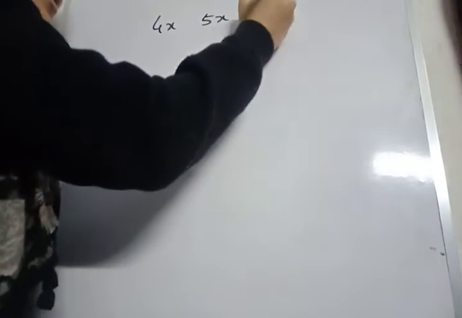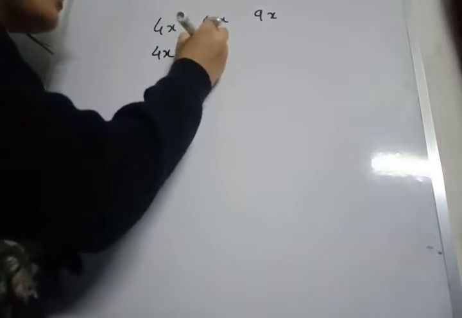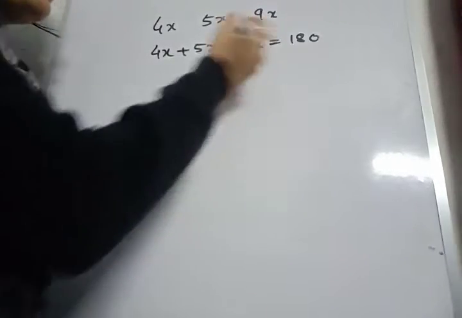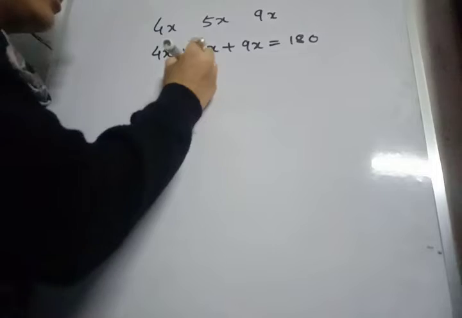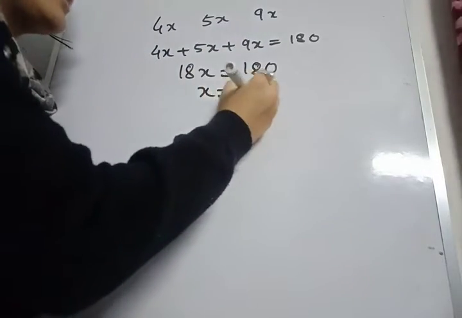So here also we have to take the common unit as x. So 4x, 5x and 9x are the angles. Now sum of these angles, that is 4x plus 5x plus 9x, is equals to 180 degree. Here we get 18x equals to 180 or x equals to 10.